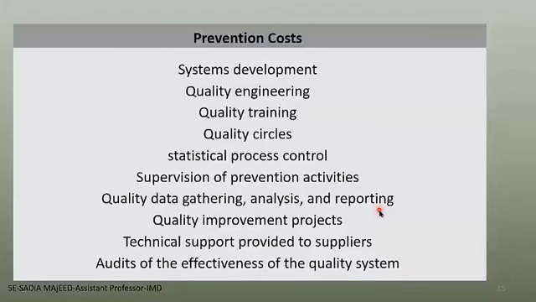These are some of the examples of the prevention cost. For example, system development. We develop a system to produce a non-defected product.